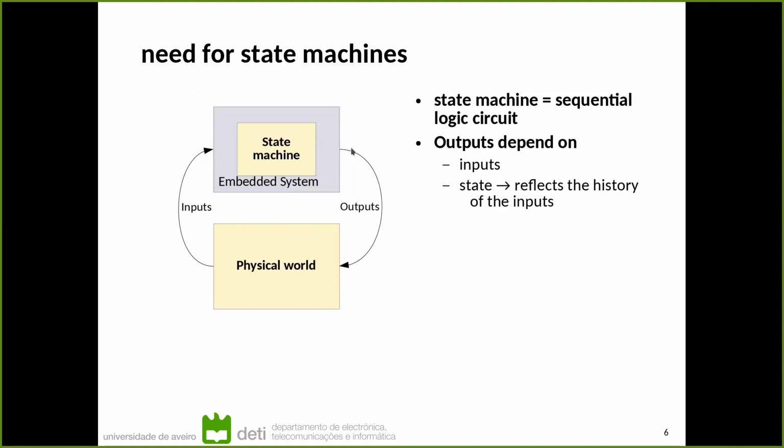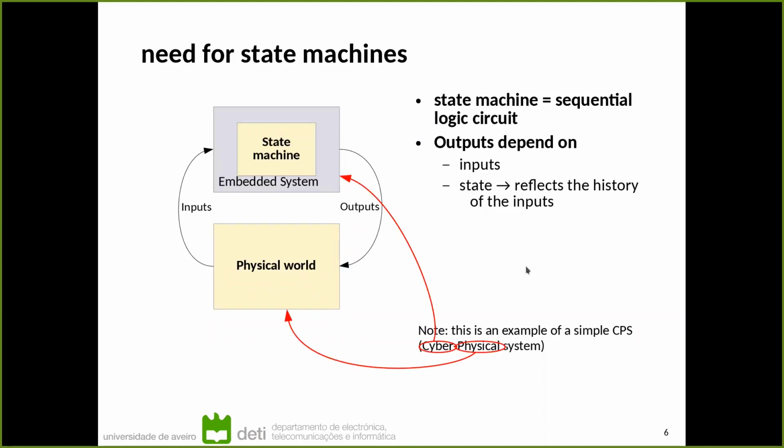And what we have to do is to look at this upper part, the embedded system. And our job will be to build the state machine that creates the desired relation from the inputs to the outputs. And so just a side note, this is an example of a simple cyber physical system.